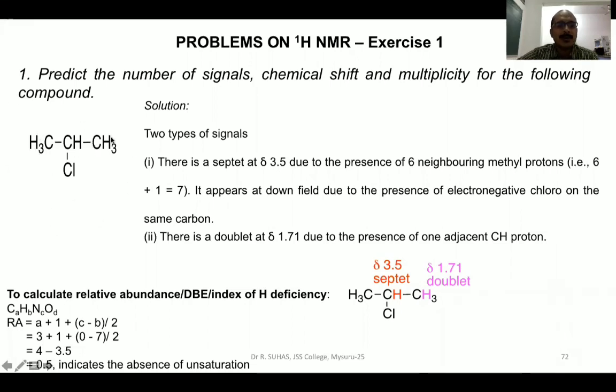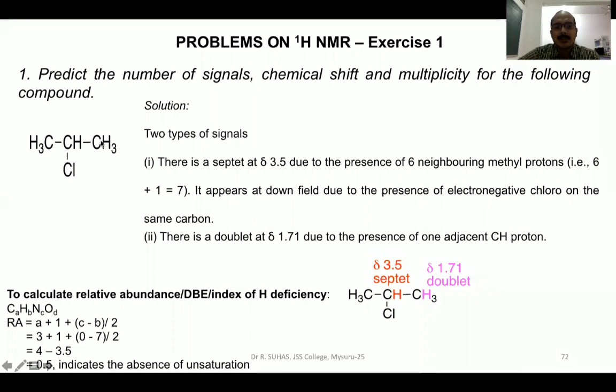This is isopropyl chloride. As we can see here, there are two different types of protons, and hence we can expect two different types of signals. One proton is attached to this carbon, and the carbon is attached to chloro, and hence you can expect somewhat deshielding, whereas you can think that there are two methyl groups, and hence you must expect two different types of signals, but the answer is no, because both the methyl groups are present in the same chemical environment.